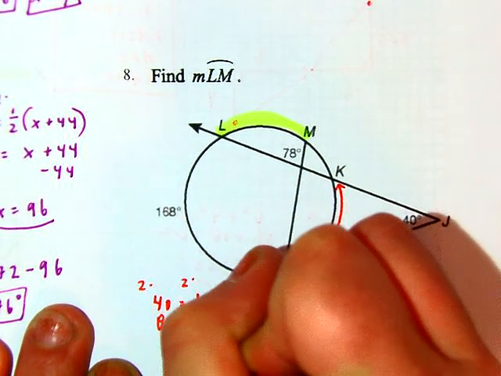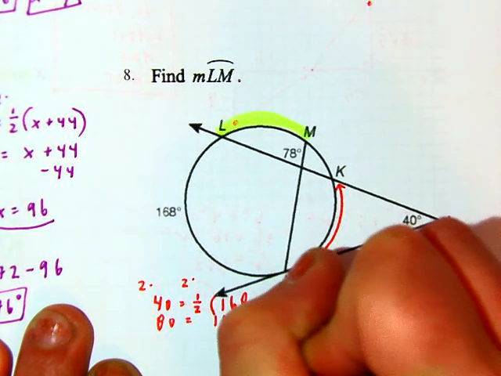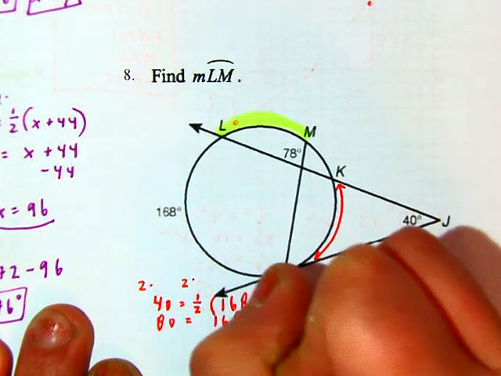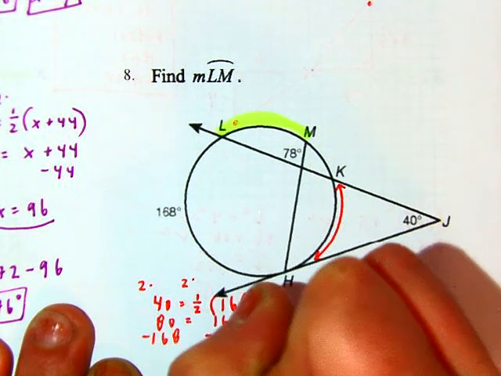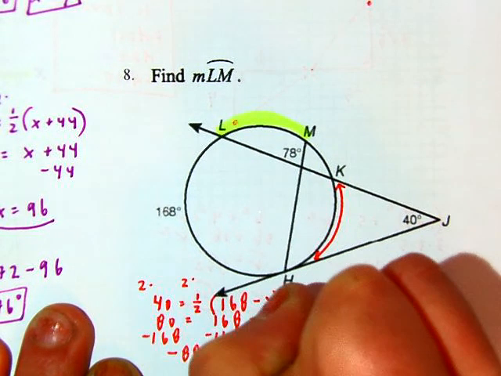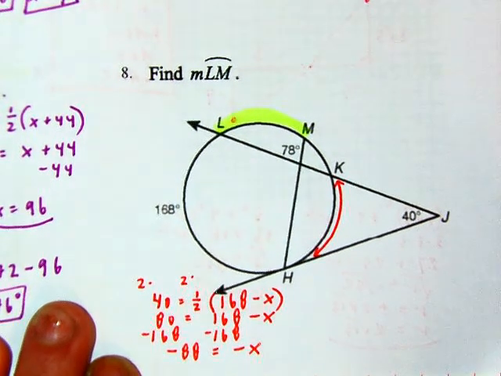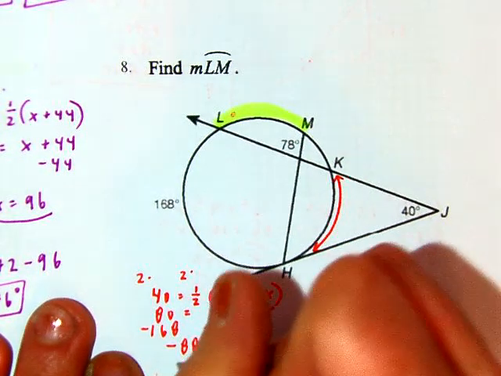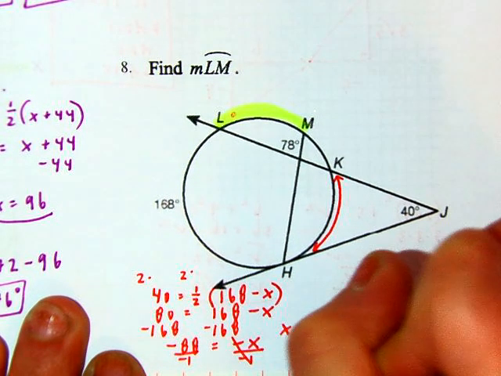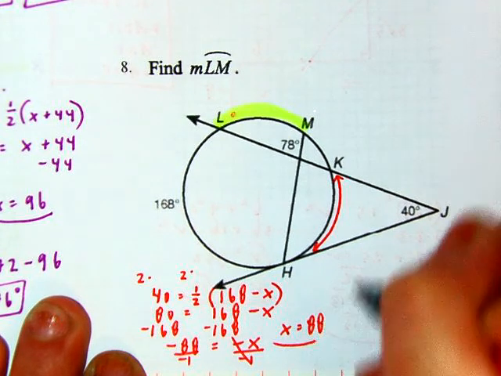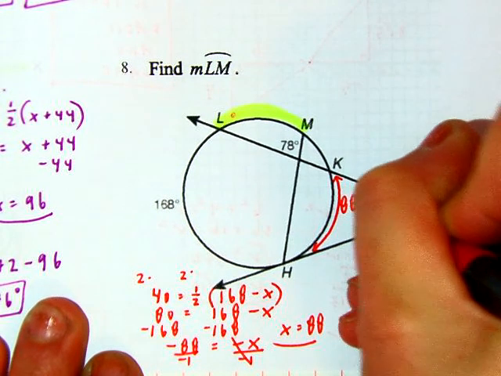So 80 equals 168 minus x. Take away the 168. So negative 88 equals a negative x, right? We can divide each side by a negative 1 and get that x is 88. So right here is 88 degrees.